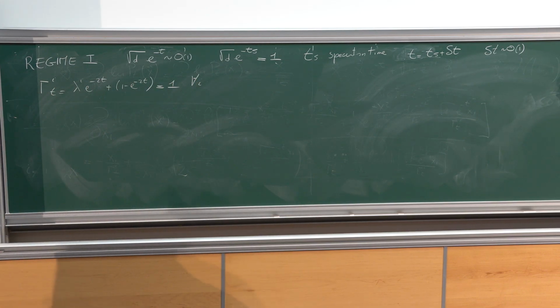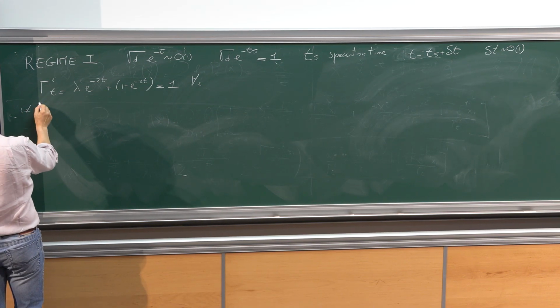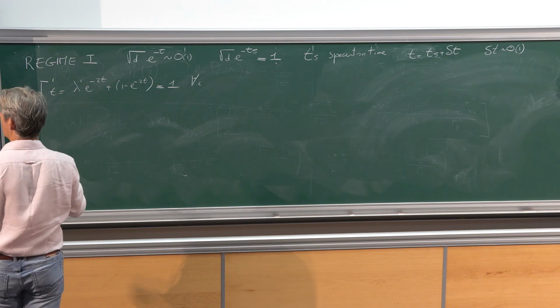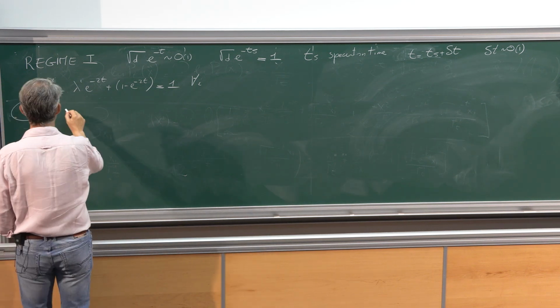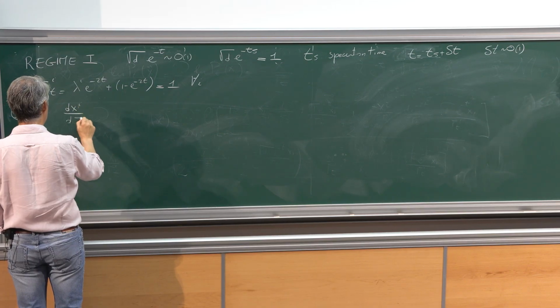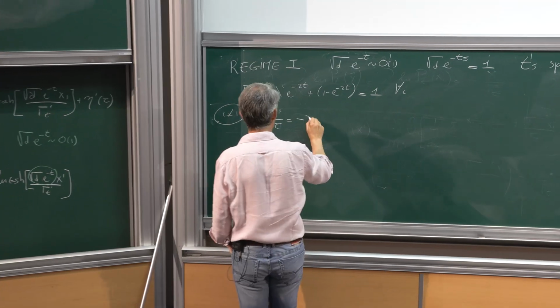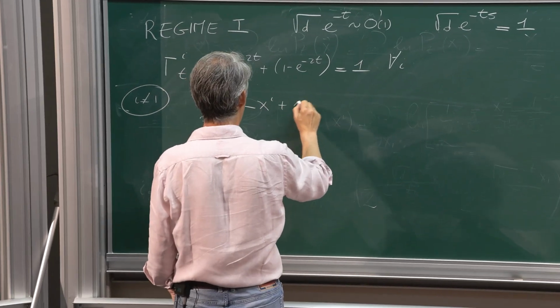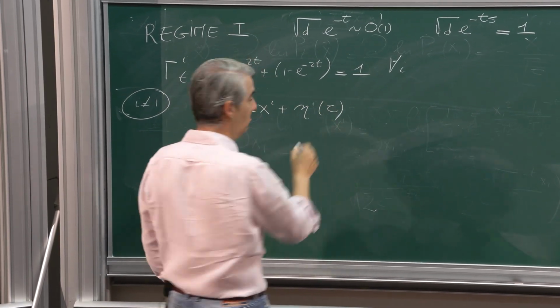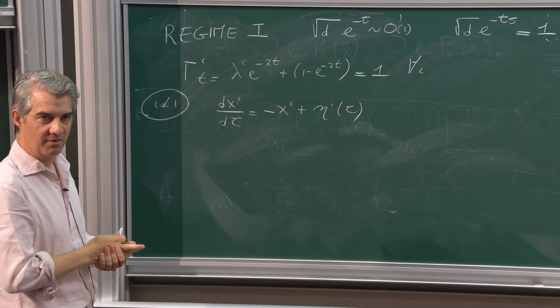So if I look at the equation for i different from 1, it's dxi d tau equal to, gamma being equal to 1, minus xi plus eta i of tau. So nothing is happening on i different from 1.